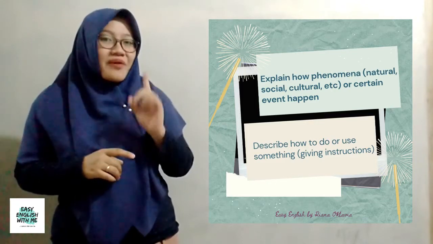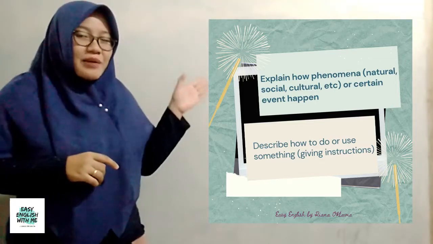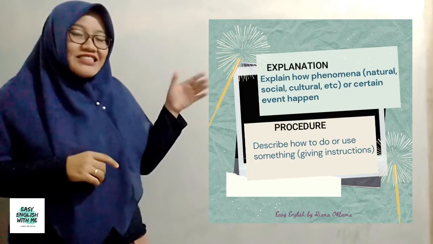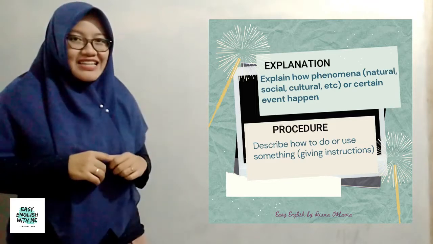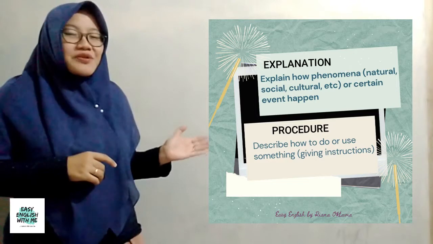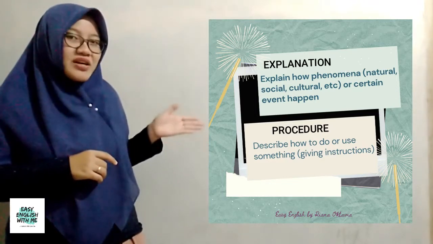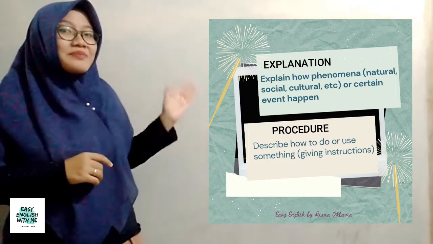Yes, you are right. The first one, box number 1, is the definition of explanation text. And box number 2 is the definition of procedure text. Can you see the differences between explanation and procedure text?